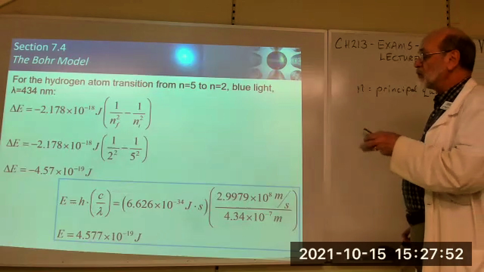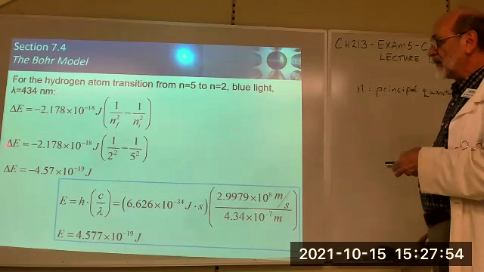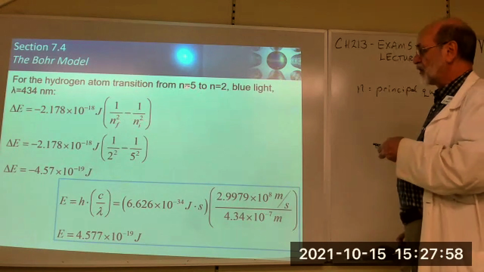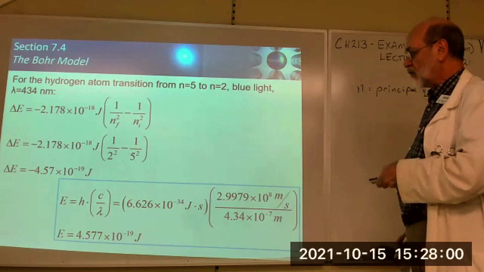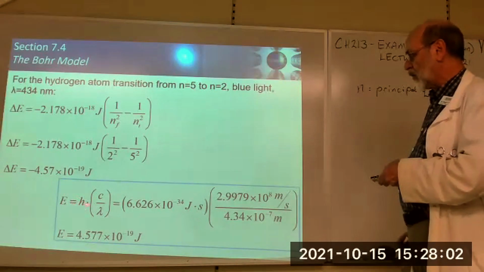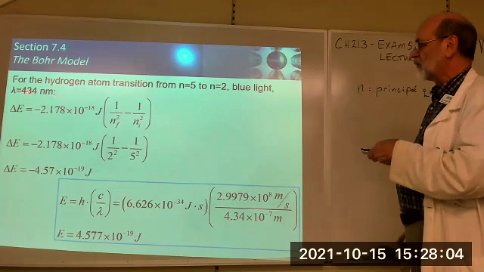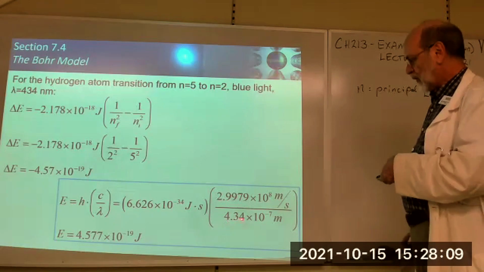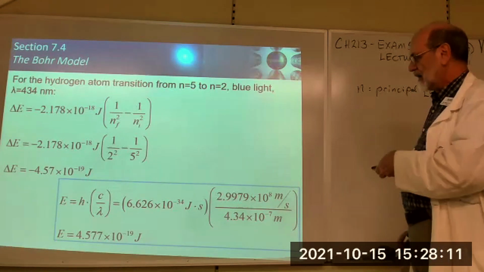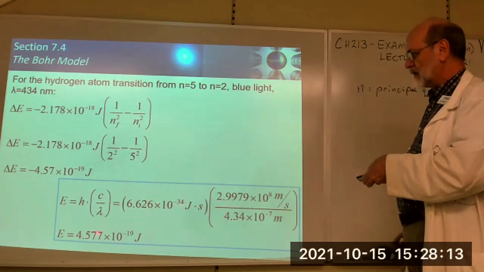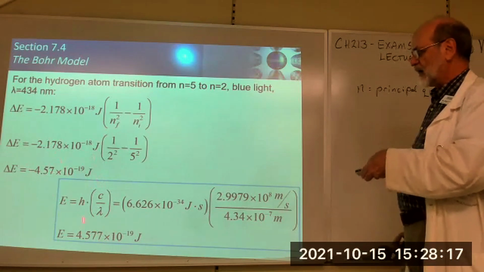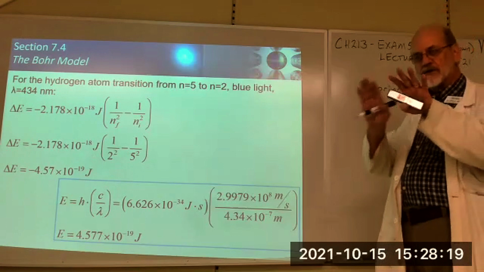So we're doing two calculations here. One is we're calculating the energy based on the jump between principal quantum levels. And here we're calculating energy based upon the wavelength of light. So the wavelength is 434 nanometers, which is 4.34 times 10 to the minus 7 meters. And the calculation gives us approximately the same energy as this transition. So there we see the equivalence between the two.